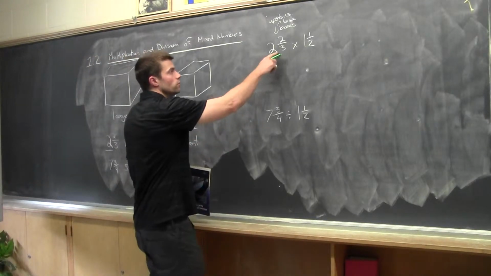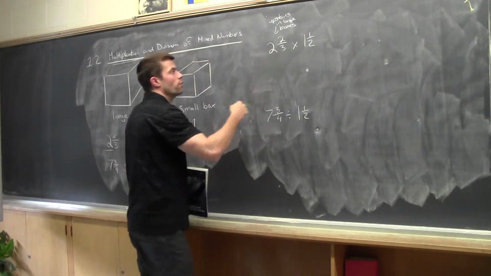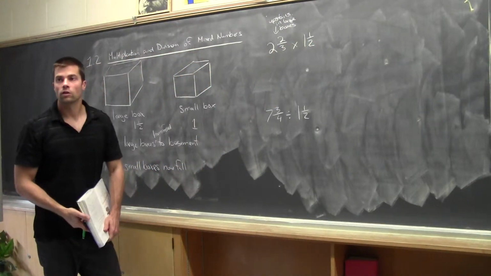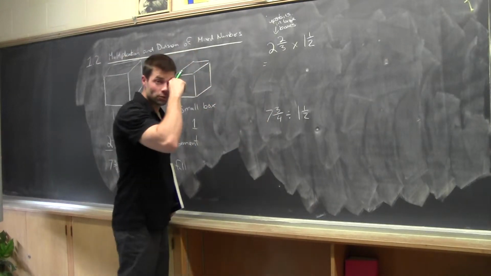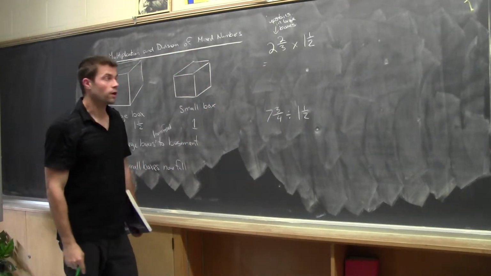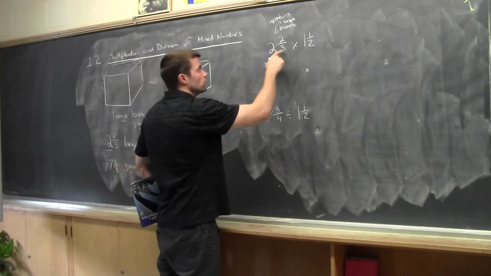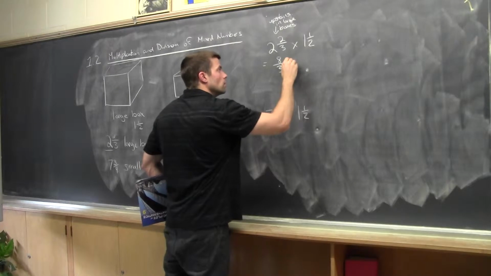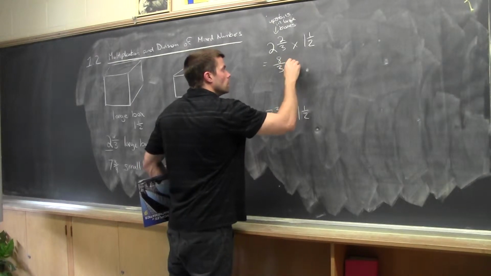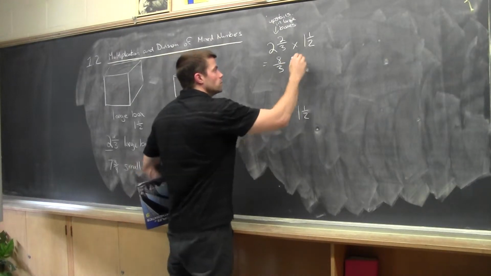So if we have 2 2/3 and we know 1.5 small boxes fit in a large box, we're going to multiply these two. So the first step is we want to convert to an improper fraction. So 2 times 3 is 6 plus 2 is 8, times 3 over 2.